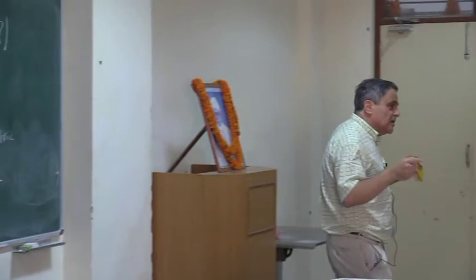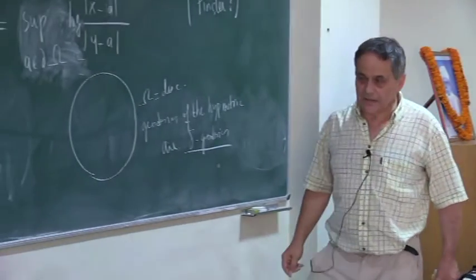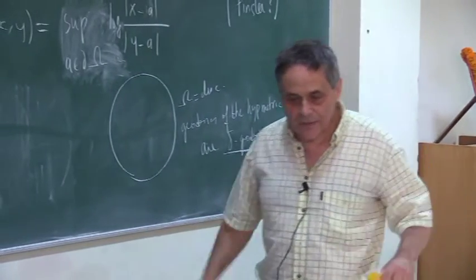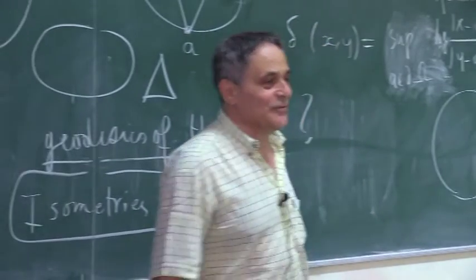It's not a very difficult result. It took 100 years to prove it, but I think it's not very difficult, because not many people were interested in proving it. Yes.